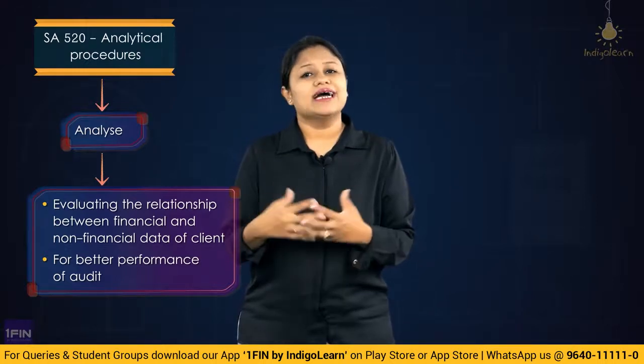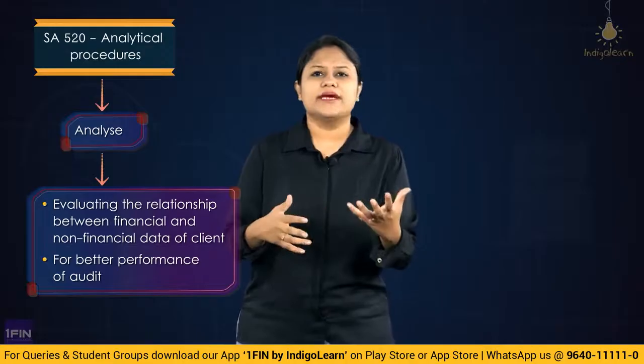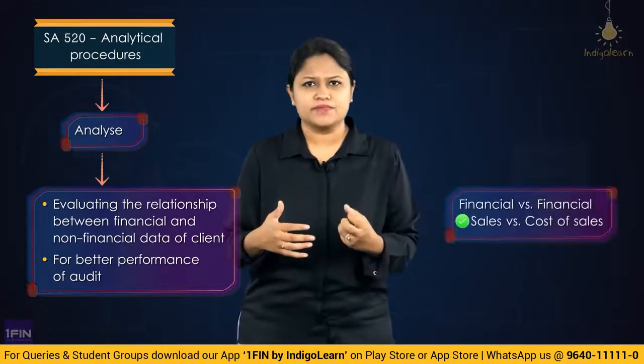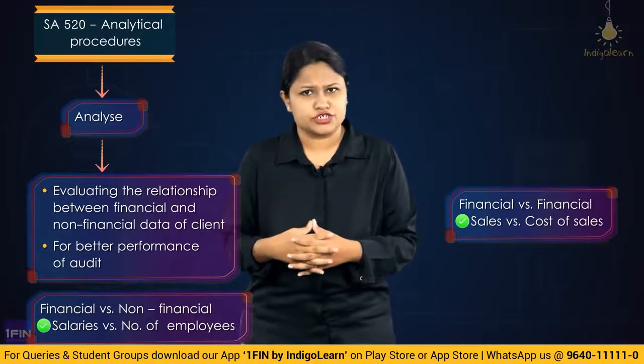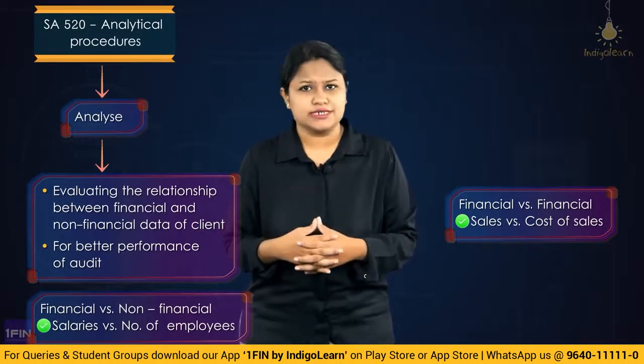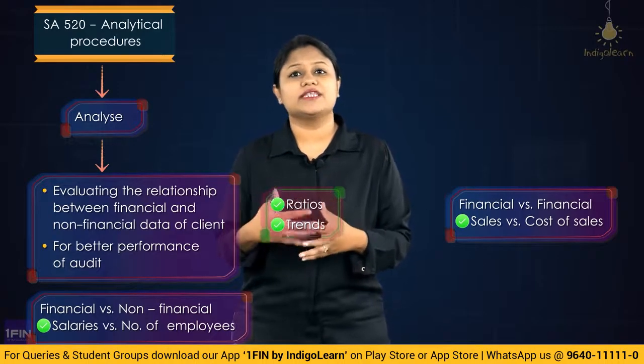As we already discussed a few of the examples, we saw that you could compare some financial information, non-financial information, and we could establish a relationship. Like we spoke about the ratios, we spoke about trend analysis, we learned about the reasonableness check.